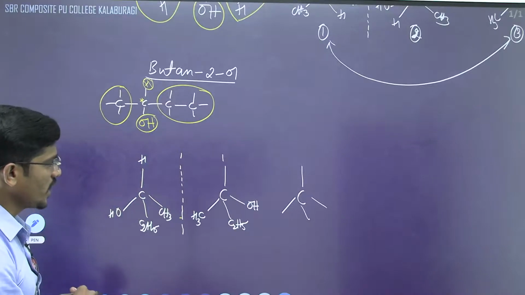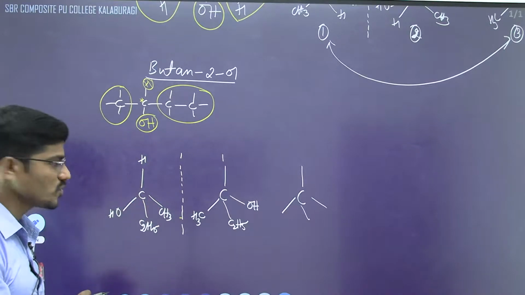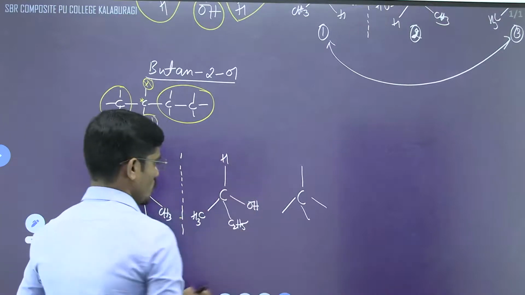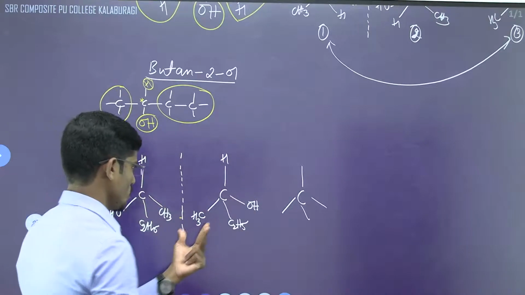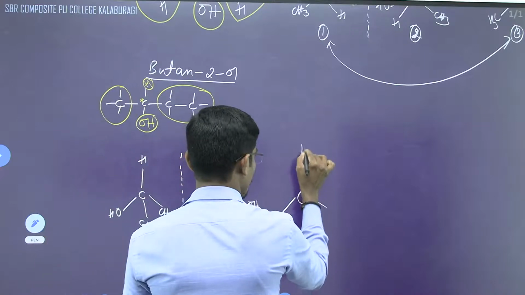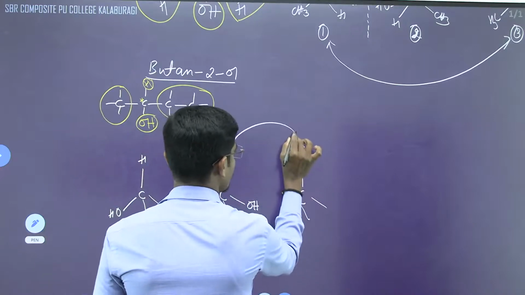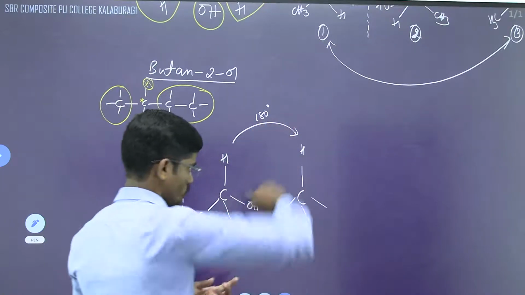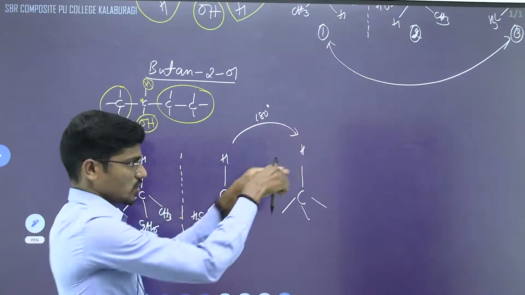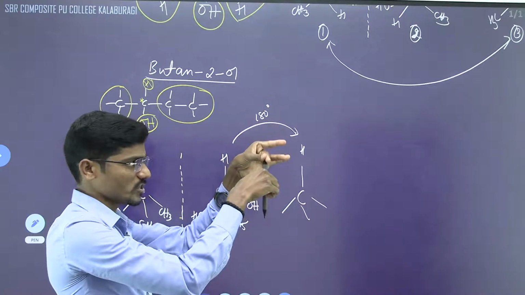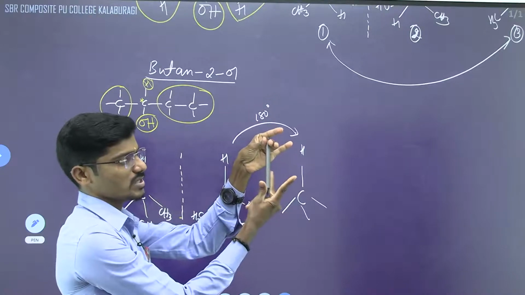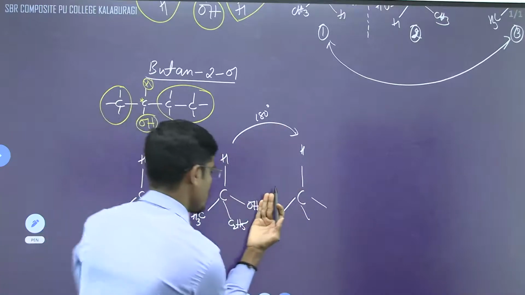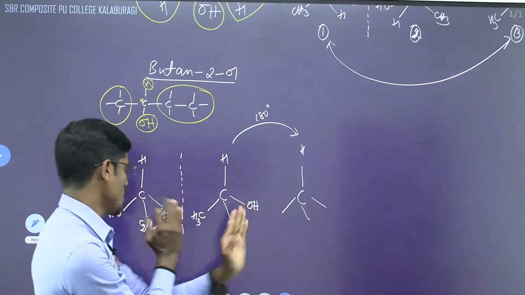What happens when it is rotated through 180 degrees? From this to this I have rotated through 180 degrees about this axis. The hydrogen is fixed in position and I have rotated the rest by 180 degrees. When rotated, the OH will be on this side.